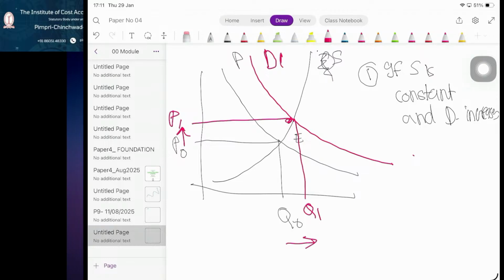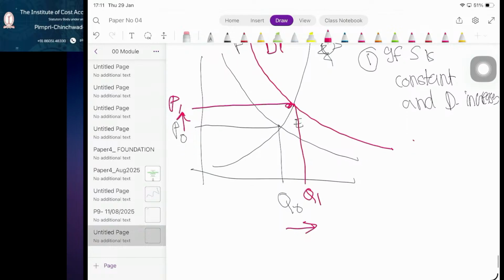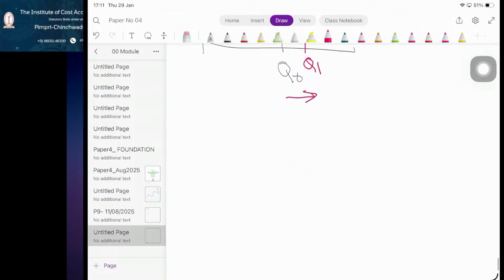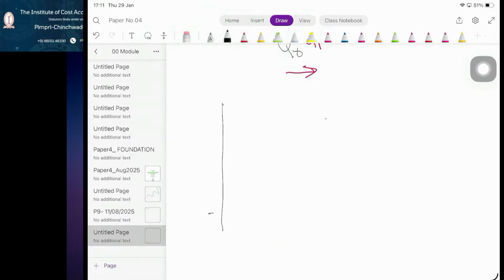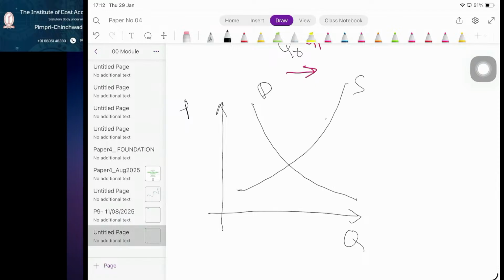Okay, just one last case we'll do and then we'll stop. Redraw the diagrams. Okay, this is also a good way to familiarize with drawing diagrams. Okay, demand, supply. Okay, and mark the equilibrium price P naught, Q naught.